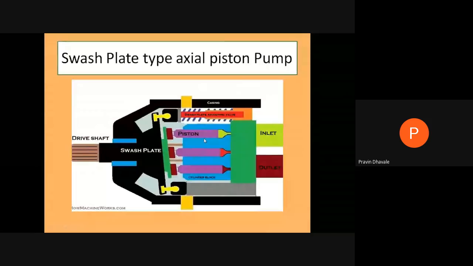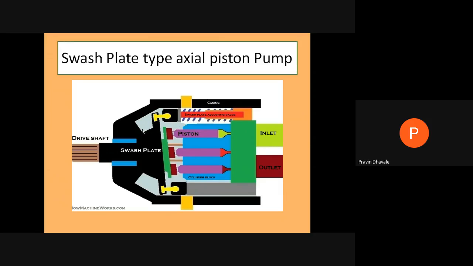But due to the inclination, the distance covered by the pistons within the cylinder may vary, right? Because of the inclination, the displacement of each piston within the cylinder will vary. If the plate is vertical, the displacement will be constant, so you get constant or minimum discharge.